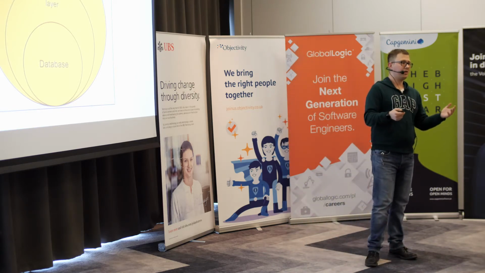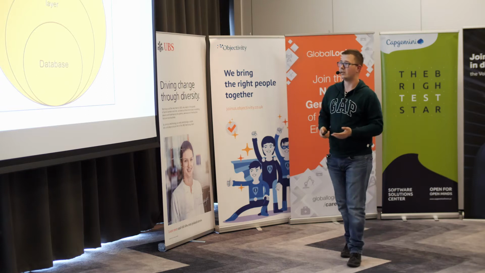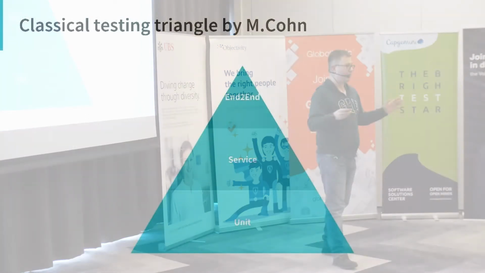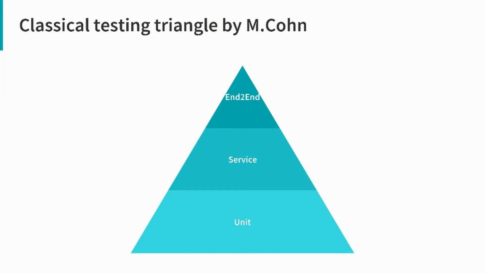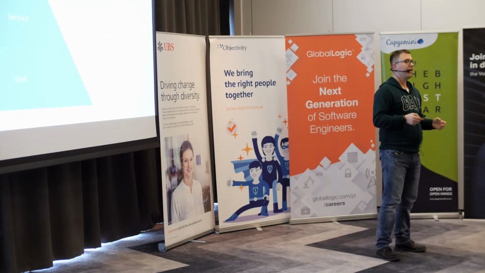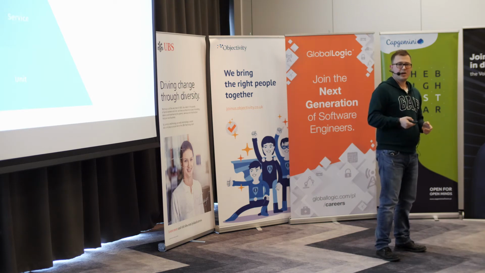And how are we used to testing such applications? The most widespread way of thinking about tests is described by Mike Cohn in his book Succeeding with Agile in 2009.